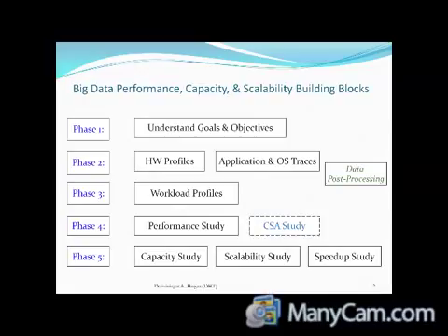And then, if we have a test environment in place, we collect application and OS data. Depending on the project, we utilize either sophisticated agents that we develop in-house to collect the data, or we just use Linux commands that come with the operating system.